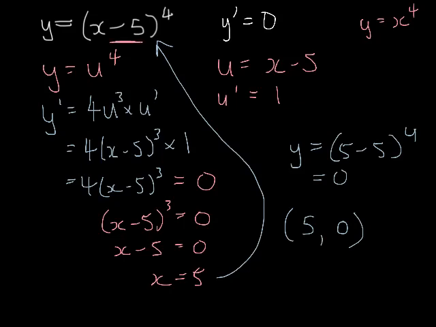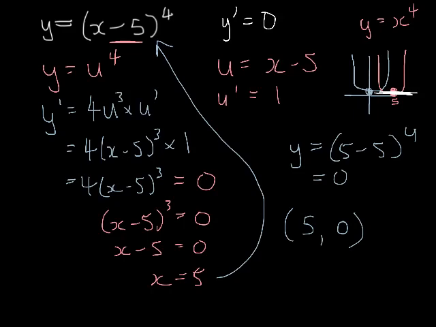Now, if you remember when we were doing parabolas, y equals x to the power of 4 is just going to be like a squarish parabola going through the origin, which means this one is going to be like here, just shifted right 5 units. And we can see that the place where the tangent is horizontal is at the base of it, which is at (5, 0). So we see that it works.